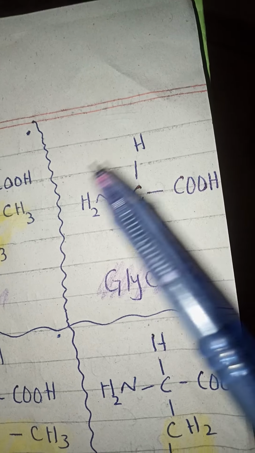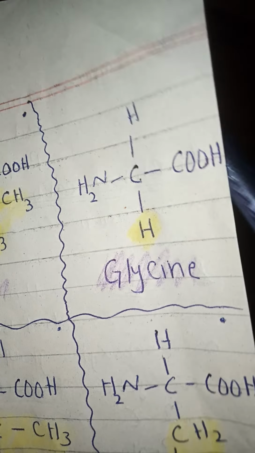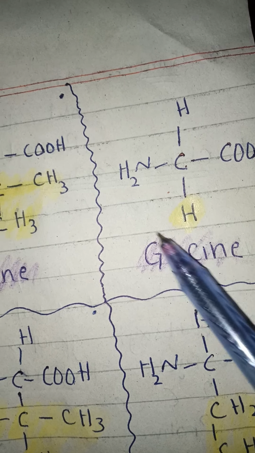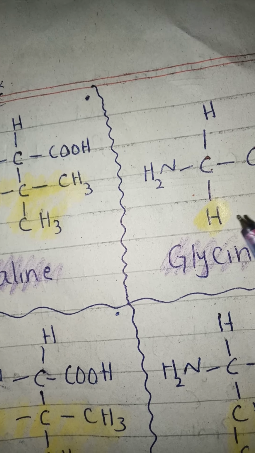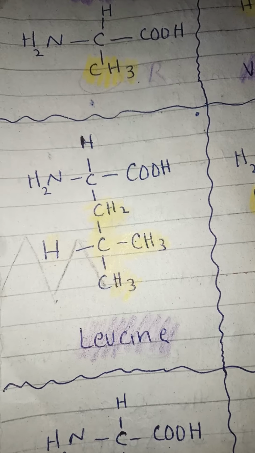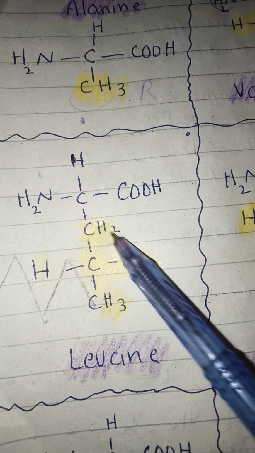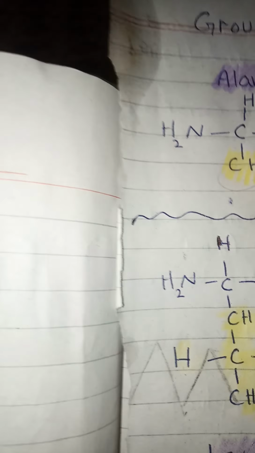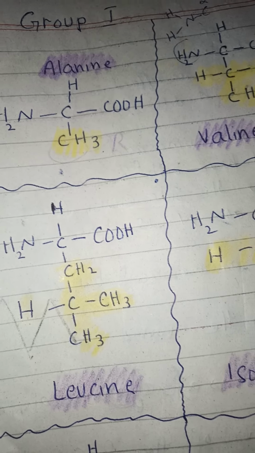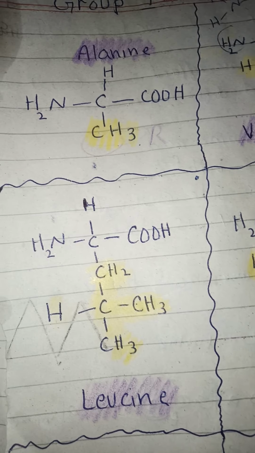Glycine has the simplest structure. This is the basic structure, and the R group is hydrogen. Only hydrogen is attached as the R group, and this is glycine. Okay, this is the structure of the R group of leucine. Leucine and valine have no connection in any other sense.